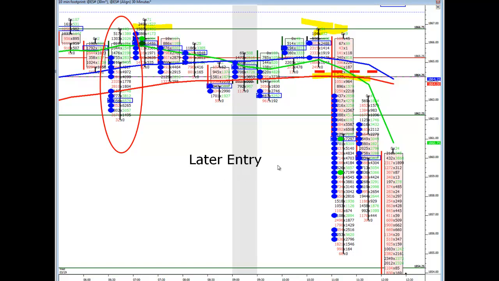Now, it's always very interesting also to see when you get big clusters of volume like this followed by very light volume, and you see that there's a huge drop that takes place when that happens.